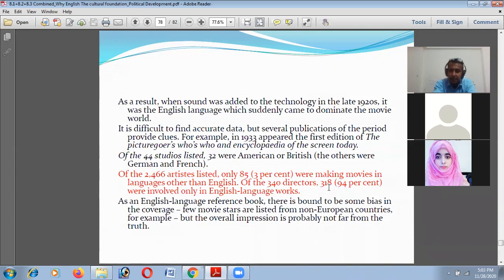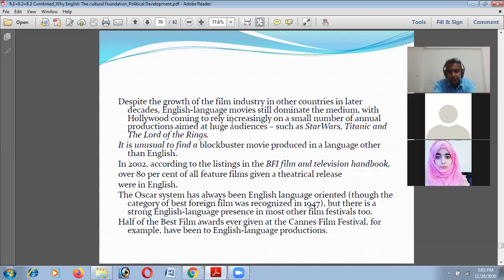This is the story relating to cinema. In 2002, according to the listing of the BFI Film and Television Handbook, over 80% of all feature films given a theatrical release were in English. So from the gradual development of cinema, we see this ratio that 80% of feature films are in the English language.